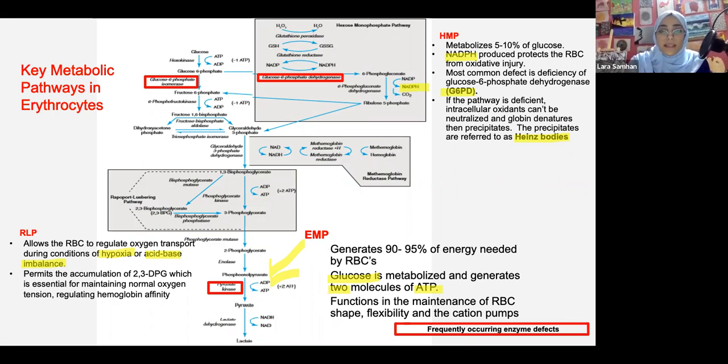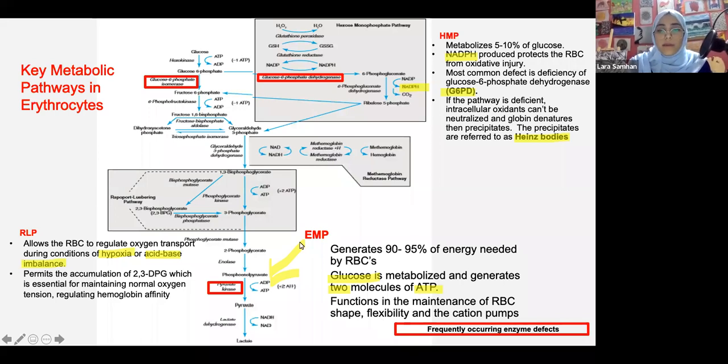Because, as we said, the RBC doesn't have a nucleus, so it doesn't have a place to produce power. So how is the RBC going to produce energy for itself? By anaerobic glycolysis. An means without, and aerobic means oxygen, so without oxygen. It ends up producing 2 ATP molecules from glucose.